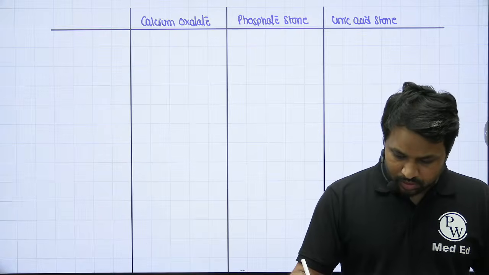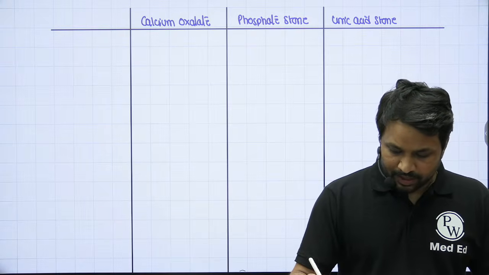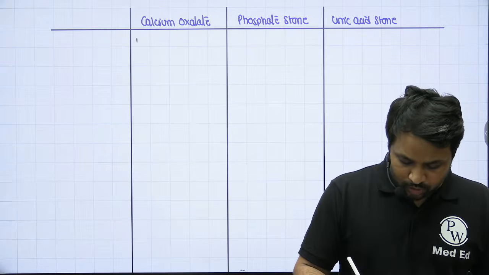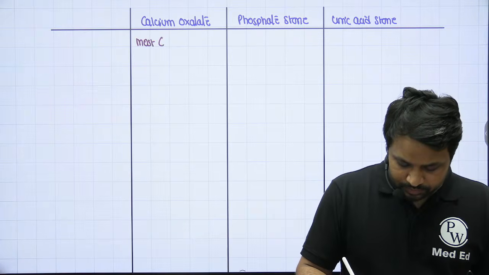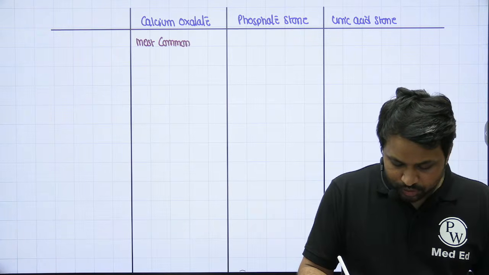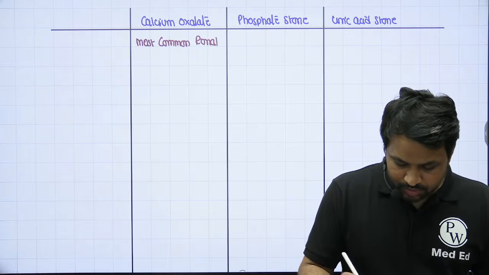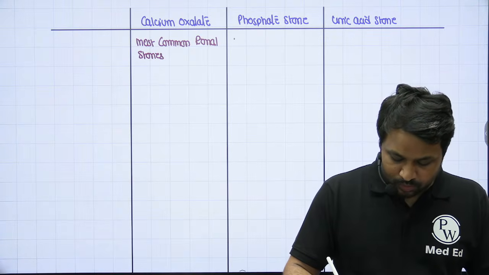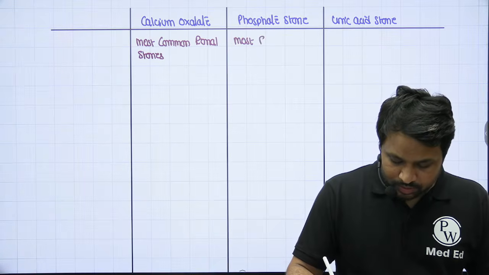Let's talk about how they present to you. Remember all that we've told. The most common renal stone is going to be the calcium oxalate stone.